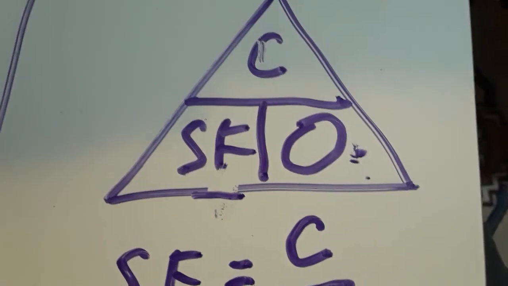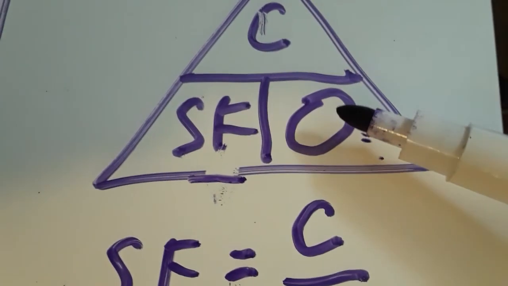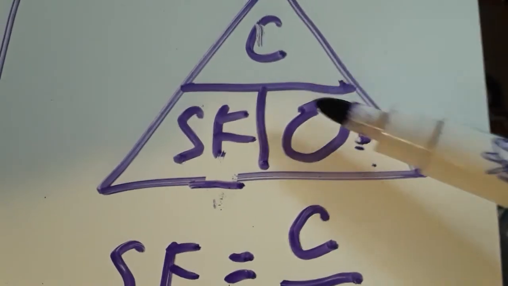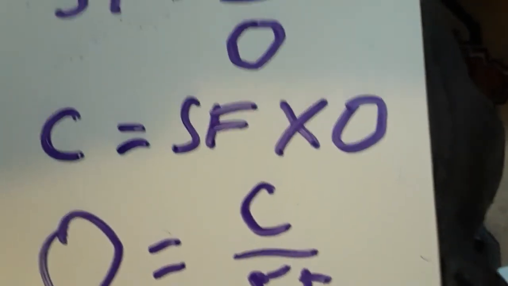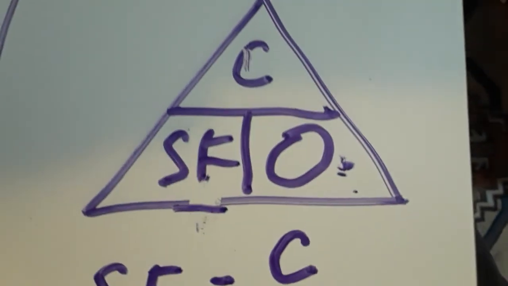That vertical line means multiplication. You multiply it by the corresponding part on the original. And finally, if you want some length on the original, you take the corresponding length on the copy and you divide it by the scale factor. And that's how you use the scale factor triangle.